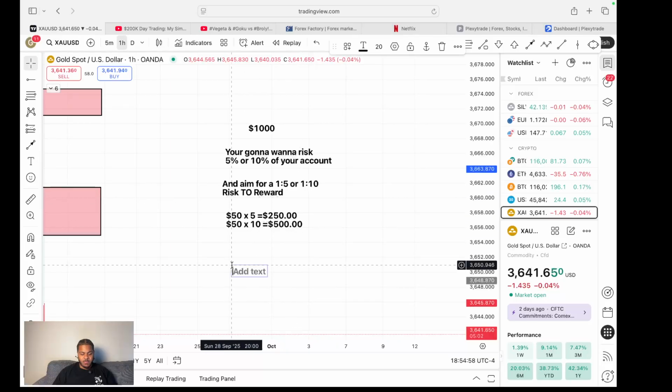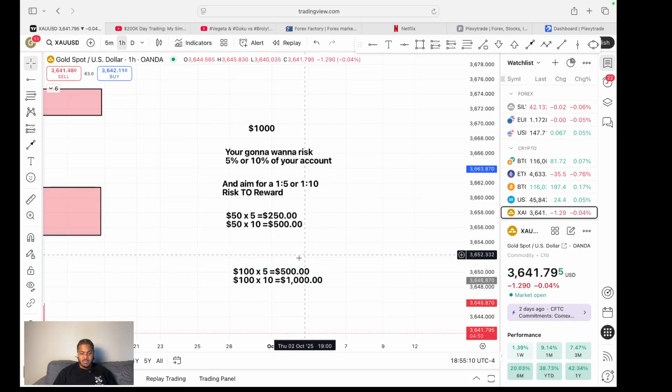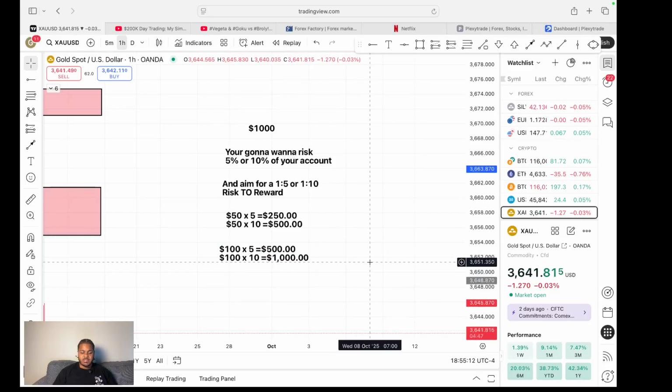If you want to risk a little bit more, 100 times 5 equals 500. 100 times 10 equals 1,000. So this is the power of holding. When you're trying to catch smaller trades, it's possible, but it's riskier. You get what I'm saying? It's much riskier than catching the bigger trades.